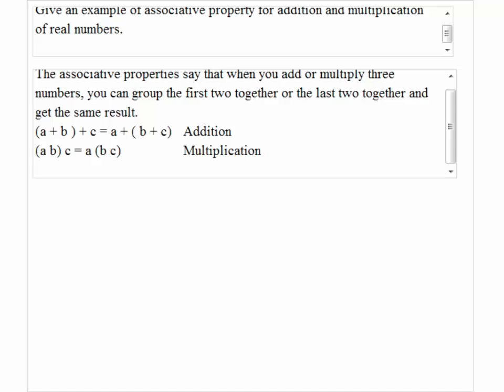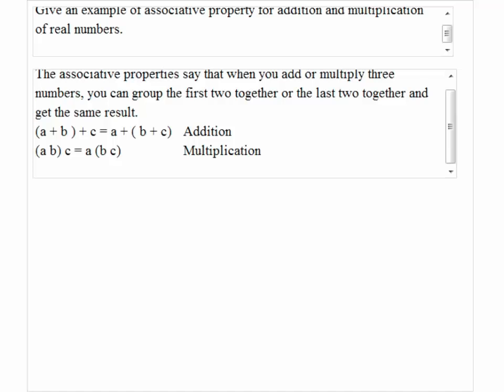Give an example of associative property for addition and multiplication of real numbers. The associative property says that when you add or multiply three numbers, you can group the first two together or the last two together and get the same result.